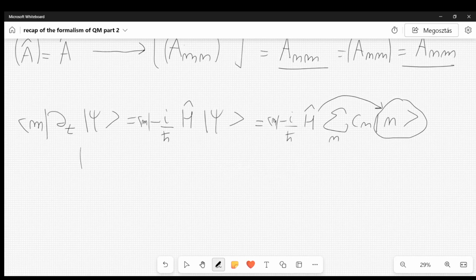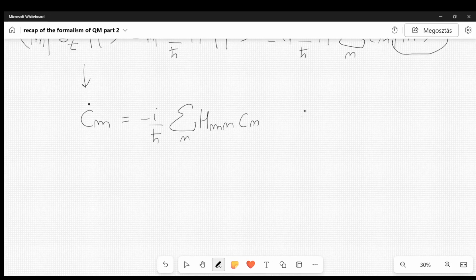You can write down the expression c sub m dot equal to minus i over h bar summation over n, and then you have the element H_mn c sub n, like this. So this is another way to write down the Schrödinger equation, but in the linear algebra notation.